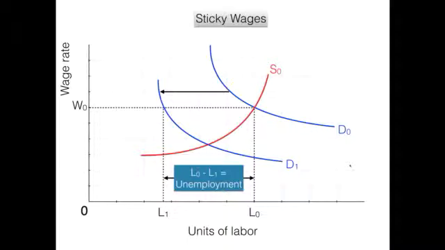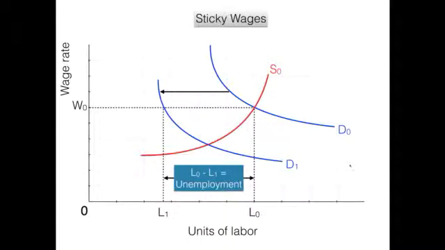And what I usually tell my students is, you can imagine, for example, that if you were working and your boss came to you and said, well, listen, the company's not doing very well, we're going to have to cut your salary. We're going to cut your salary from $25 an hour to $20 an hour. People probably won't instantaneously accept that pay cut. It might take them a little bit of time.